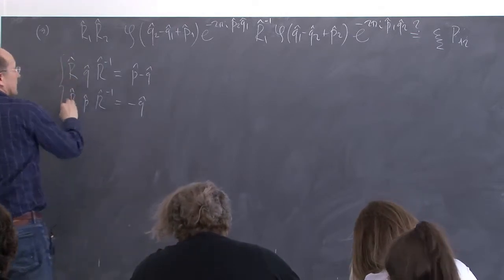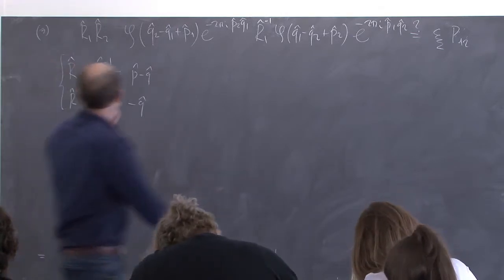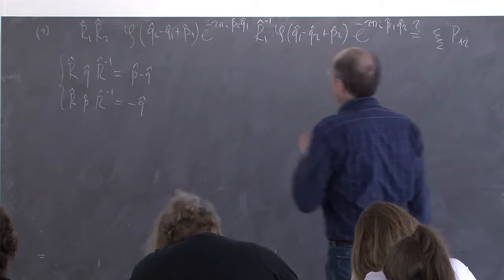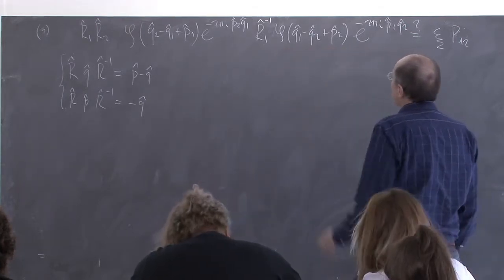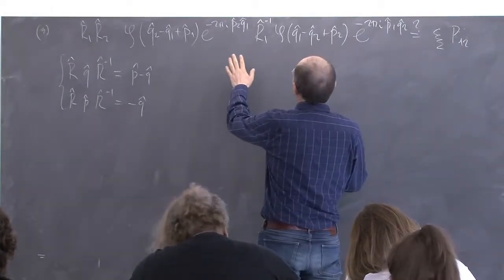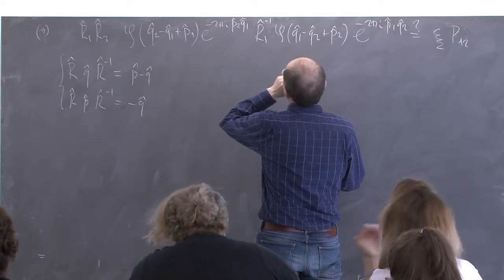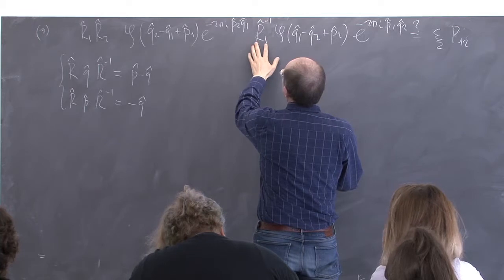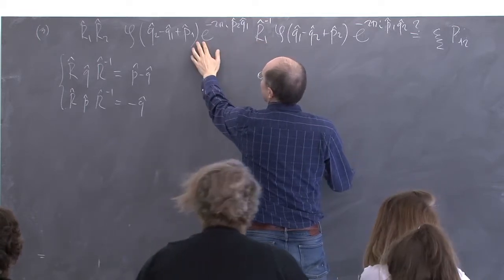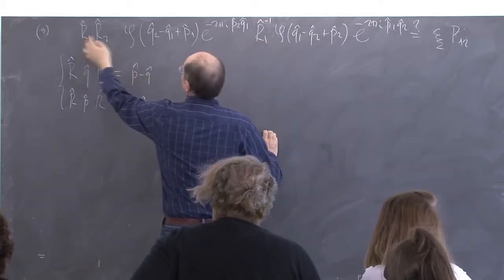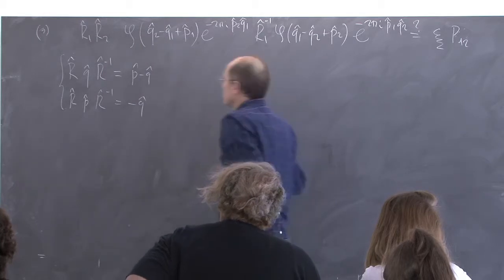This is a property of R with respect to the Heisenberg operators, and then we can use this to move this R hat through here, or maybe through this phi first.